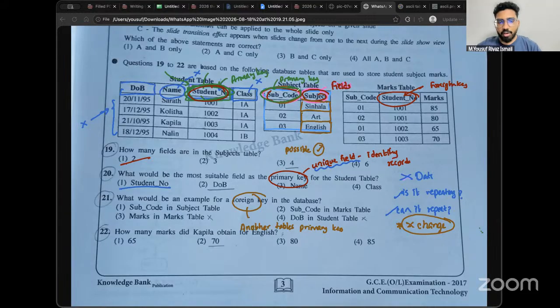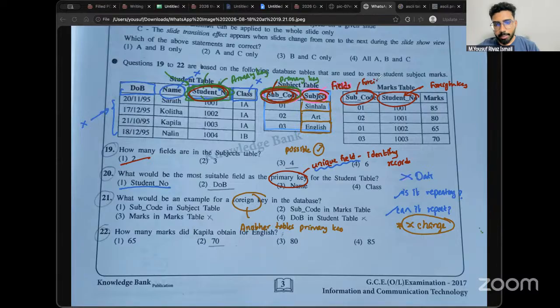Similarly, I found subject code as a primary key here, right? So do I have the subject code in any of the tables? Again, the marks table. So the primary key is mentioned in another table.